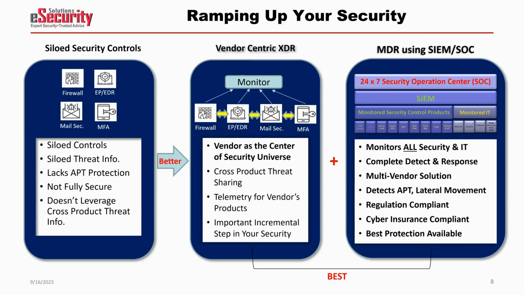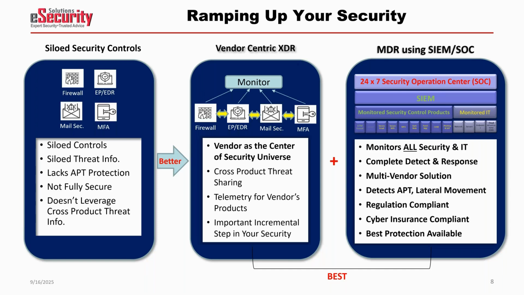So you get the telemetry across the entire system. And if you go from good to better, that's great. Best is XDR plus something like an MDR leveraging a SIEM, right? Not everybody needs that, but if you are regulation focused or you're high security focused, a SIEM can add extra value because it monitors and manages all your security and your key IT. It does.